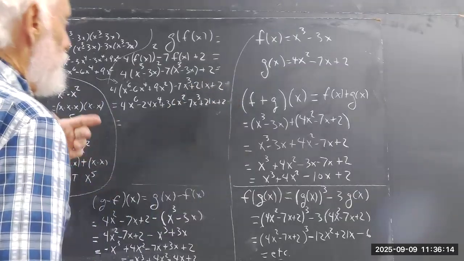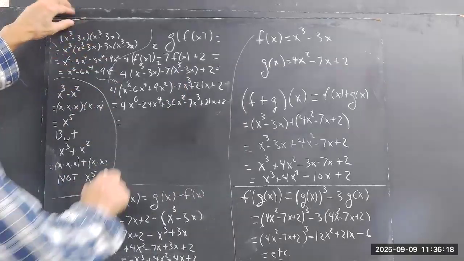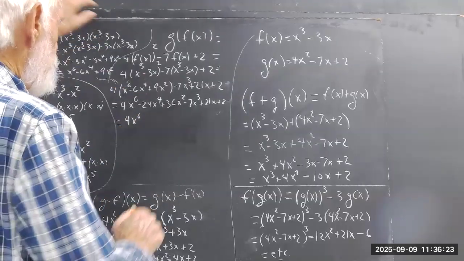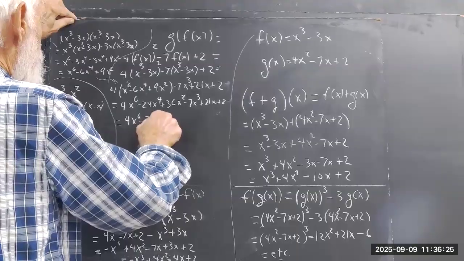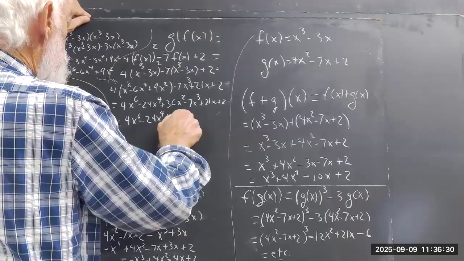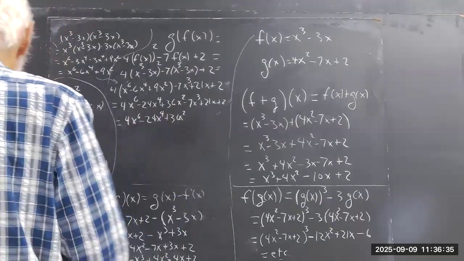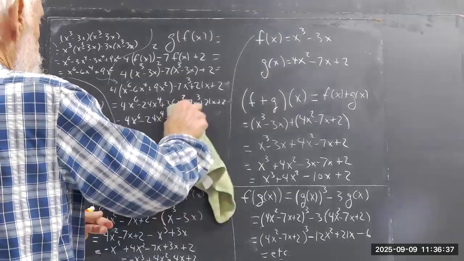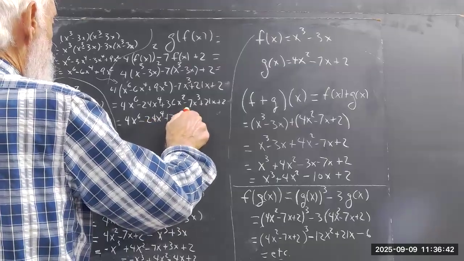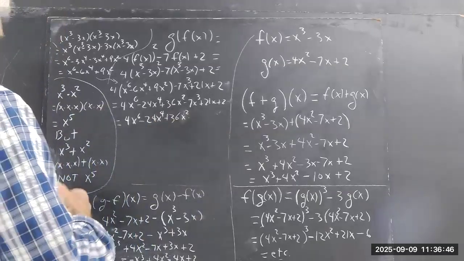Okay, now we do the highest power to the lowest. We have x to the 6th, so we have 4x to the 6th. Then we have a negative 24x to the 4th. And we have a 36x squared. I wasn't looking when I wrote that. I kind of ran it together. Okay, 36x squared. Try to do them in order.